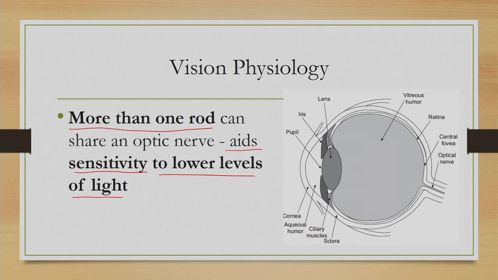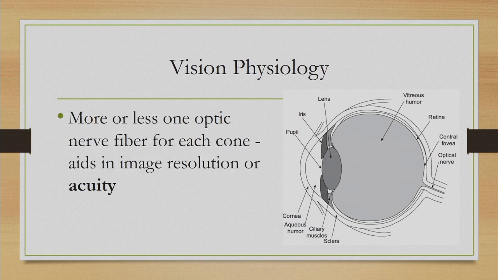So, when light is not very bright, we still manage to see things, that is due to the presence of rods. On the other hand, in case of cones, the other type of photoreceptors, there is more or less one optic nerve fiber for each cone, unlike the case of rods, and it aids in image resolution or acuity.